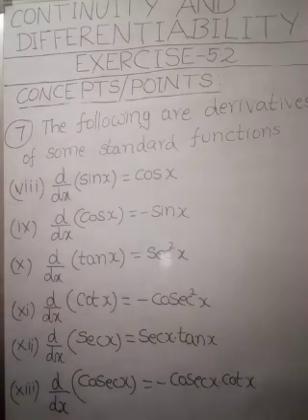These are the derivatives of trigonometric functions. My dear children, you should learn all these formulas well to solve the sums, to find the derivatives in the upcoming exercises. Okay, my dear children? Right.